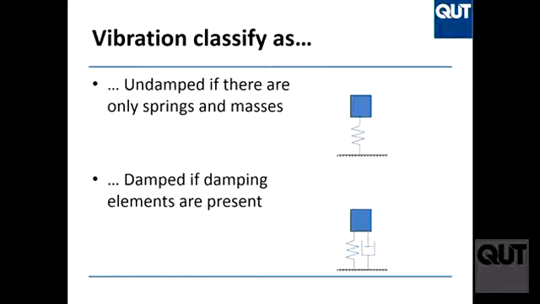Is it a good thing or a bad thing? In 99% of the cases, is it a good thing or a bad thing? Any idea? What did we say? Usually vibrations are wanted or unwanted? Unwanted, so usually it's a good thing, because at least they stop. We have them, but they're kept together by that damping.